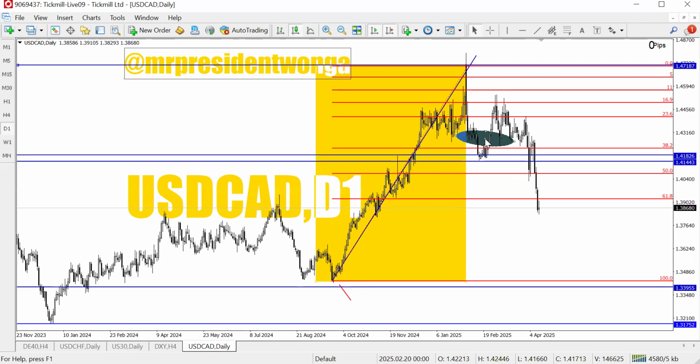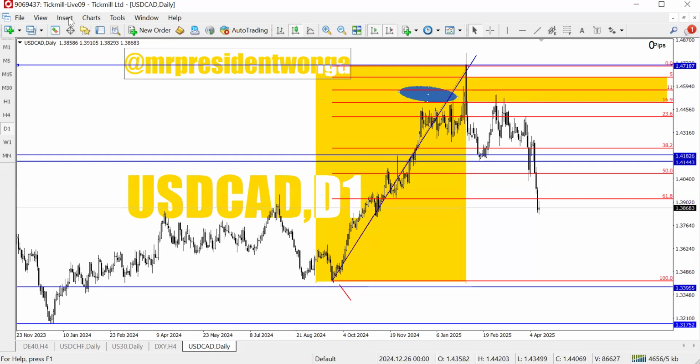And if you mark those levels once again, let's mark those levels so you can see them. What is critical is that you know how to mark. You can see this level, 16.9, 11%, 5%. You can see there was a very nice entry for a sell.